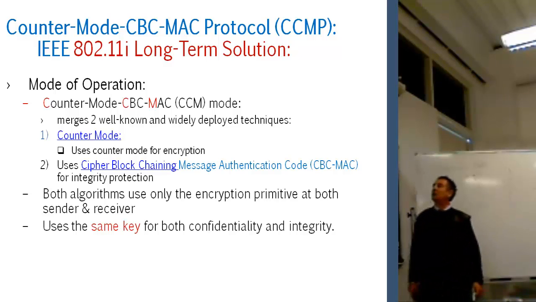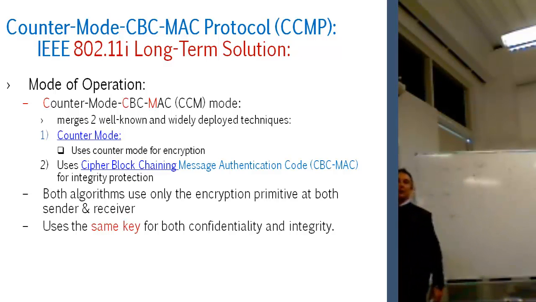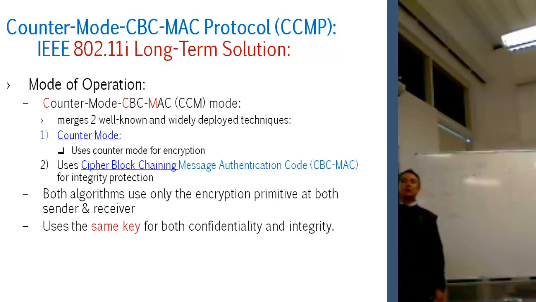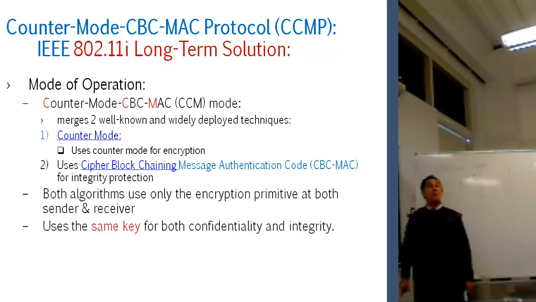So this is called CBC MAC. Again, if you click on this link, you will see the whole diagram for this cipher block chaining. So you see they are using two major technologies. One is counter mode, very fast encryption, and the other one is cipher block chaining for MAC calculation.